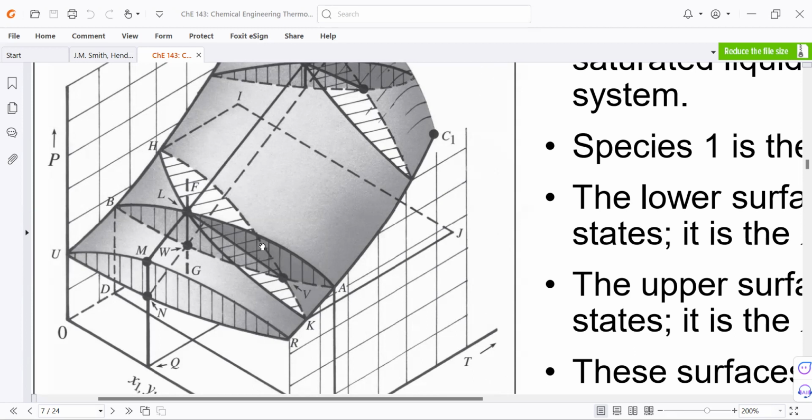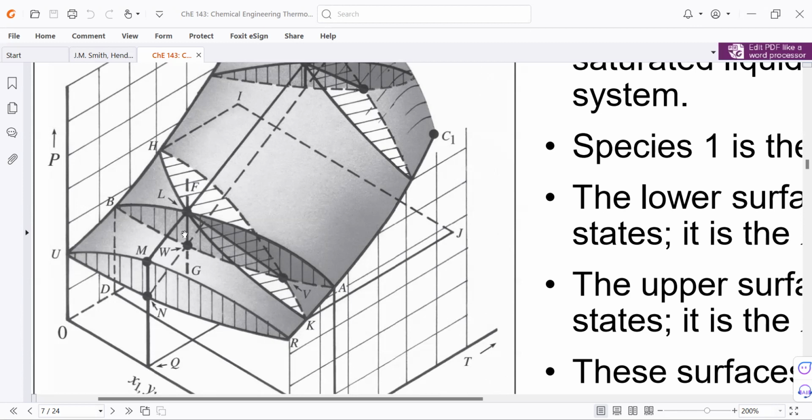If we reduce the pressure further along FG, the liquid vaporizes until the process is complete. So we now reach the lower surface, point W, which lies on the saturated vapor surface.